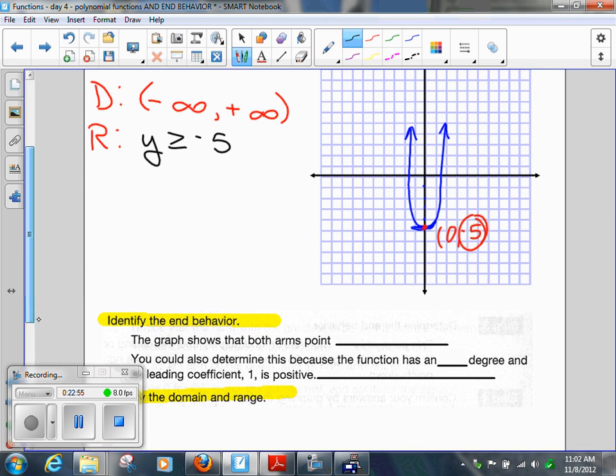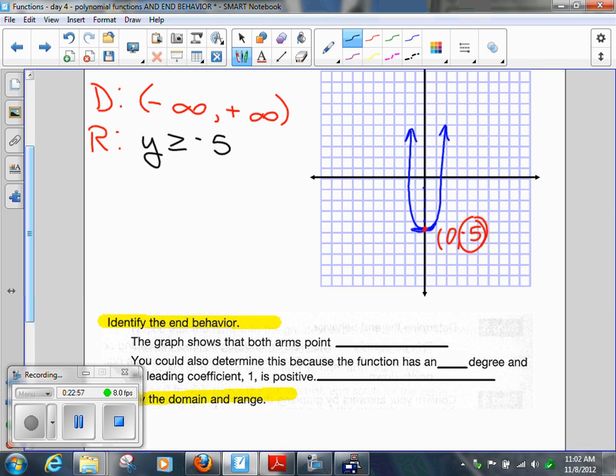If y is greater than or equal to -5, then it starts at -5 and goes to what? Positive infinity. The other way I can write my range is -5 less than or equal to y less than positive infinity. How many of you have all three of those correct?